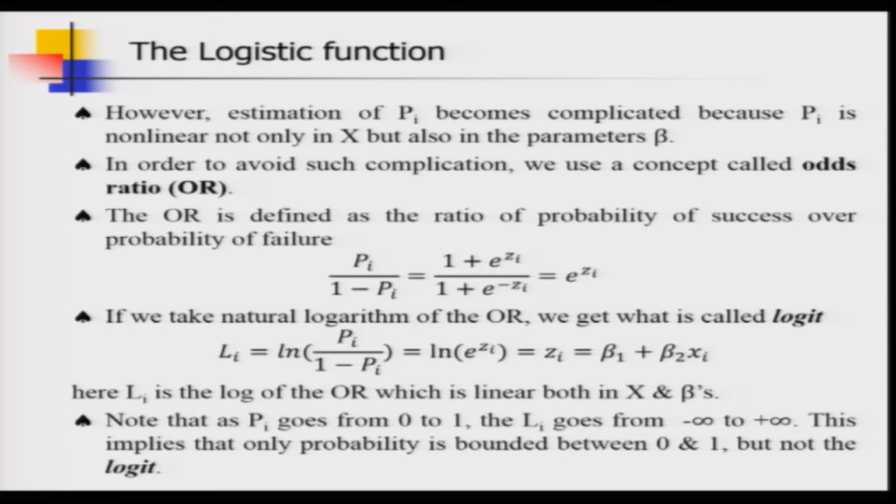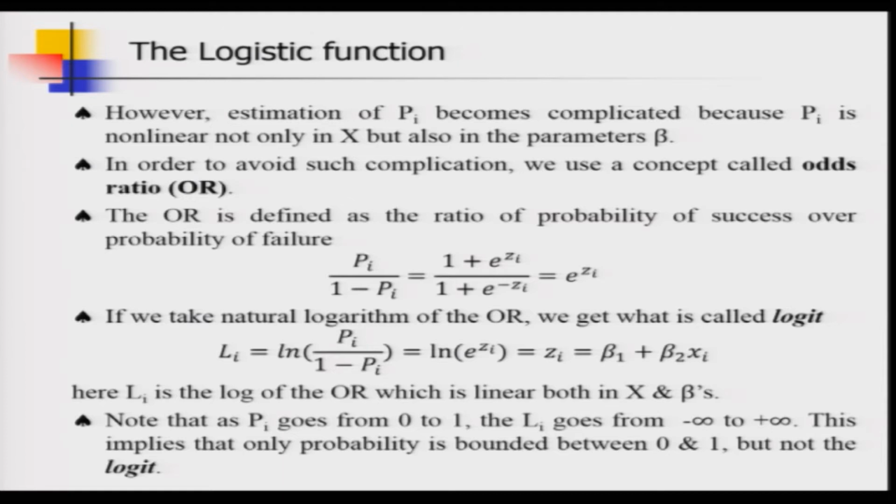But still this is an exponent, there is no linear function, nothing that we can deal with in regression analysis. So, we take the natural logarithm of the odds ratio, and we get what is called a logit, and this logit is given by Li. If you take the natural logarithm on both sides, you finally get that logit is equal to zi, which is equal to beta 1 plus beta 2 times xi.